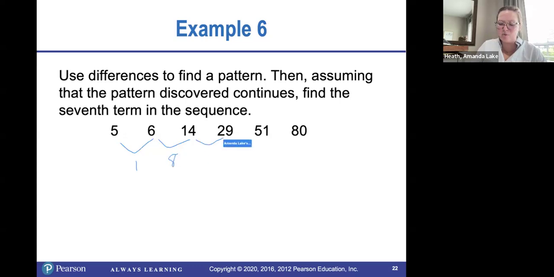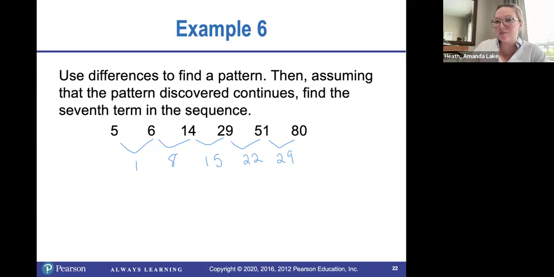The difference between 14 and 29 is 15. The difference between 29 and 51 is 22. And the difference between 51 and 80 is 29. And you can use your calculator to do any of these calculations. But it's clear that this is not an arithmetic sequence because we're not adding the same number every time.